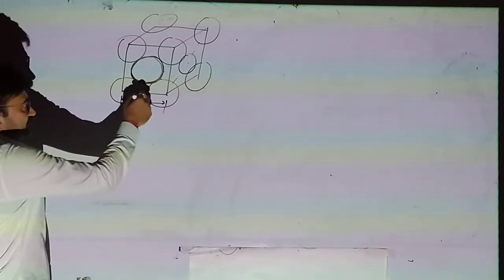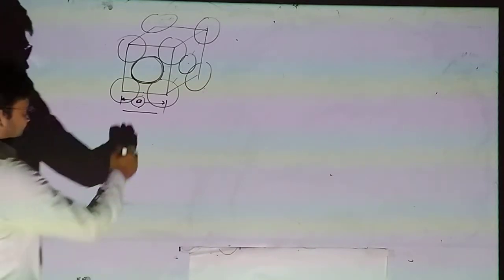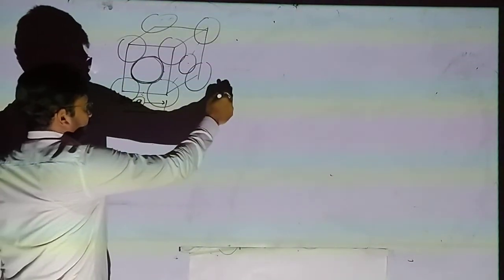Remember, in the FCC structure, we can't get our edge length a directly, because the spheres lying on the corners of the FCC structure are not touching each other at the edges. So we have to first count.